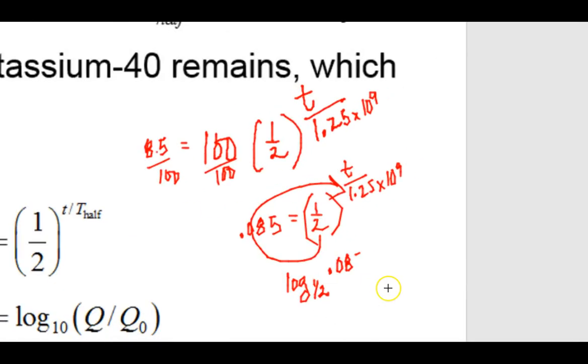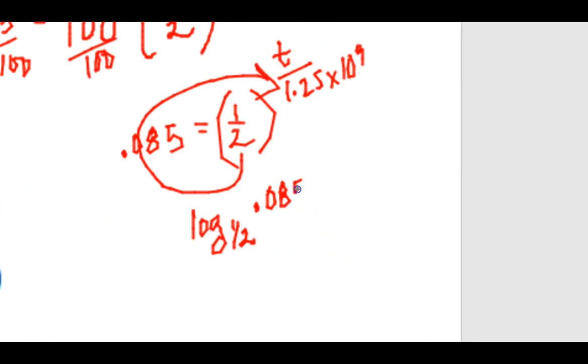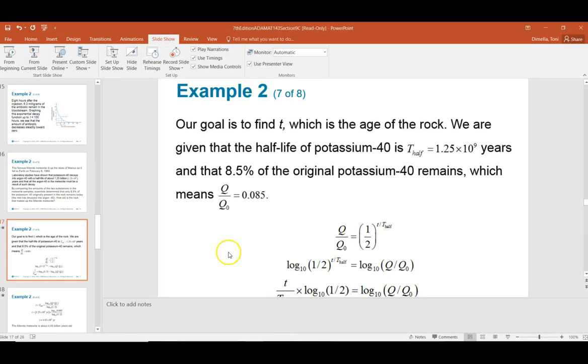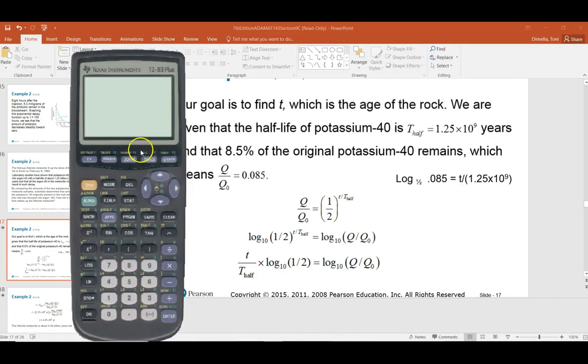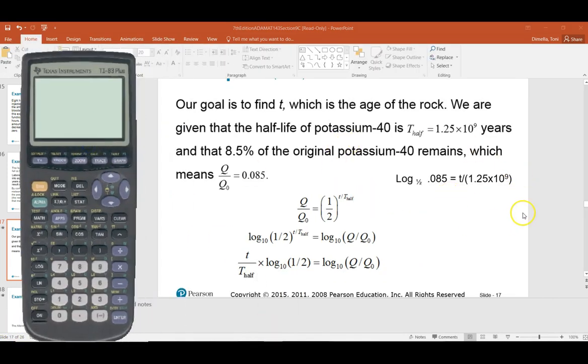Log base 1/2 of 0.085 when I get to this crazy exponent. All right, we're going to need the calculator, so let me pause this so I can pull up the calculator. I've typed in our equation so it's a little bit more legible this way.